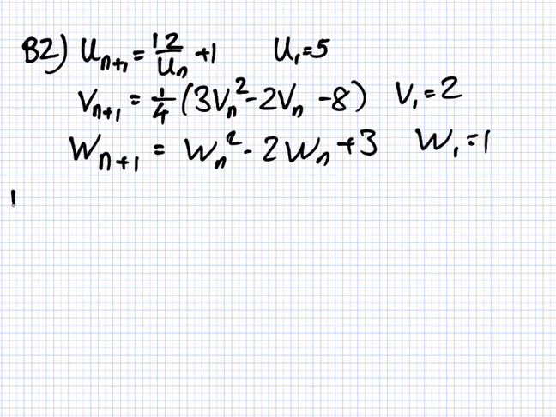So we have U, V, W. U starts at 5, V starts at 2, and W starts at 1. So we can just use our calculator to get the extra numbers.